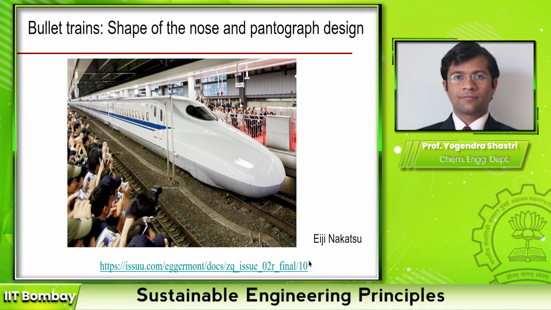Again, the details are on the biomimicry website, but he took design inspiration from the kingfisher bird. If you have seen a picture of a kingfisher, it has a very peculiar beak. That beak is pointed, and it almost looks like the nose of a bullet train.